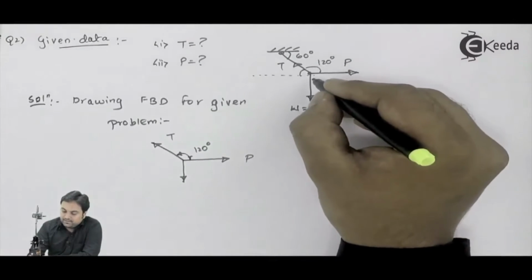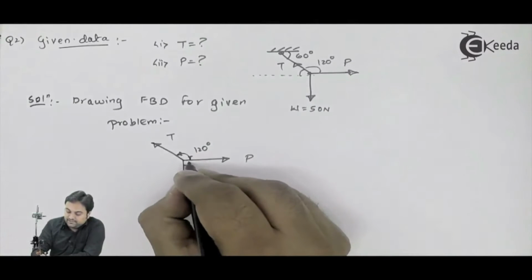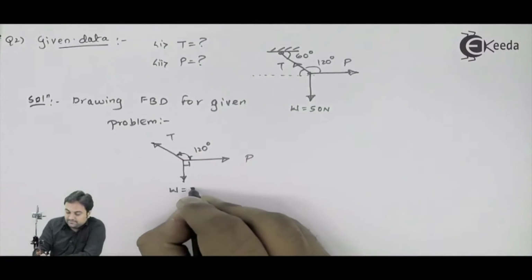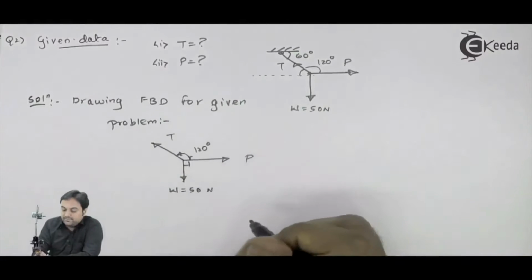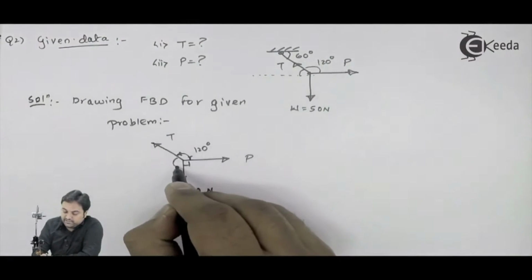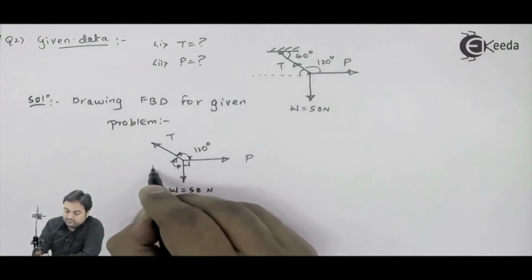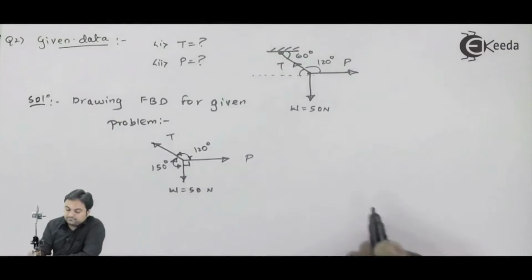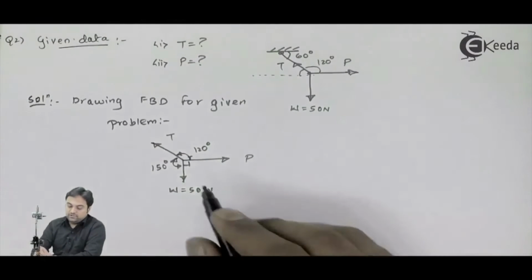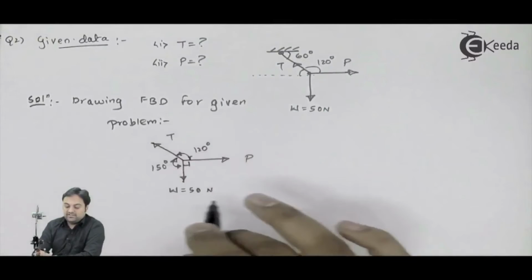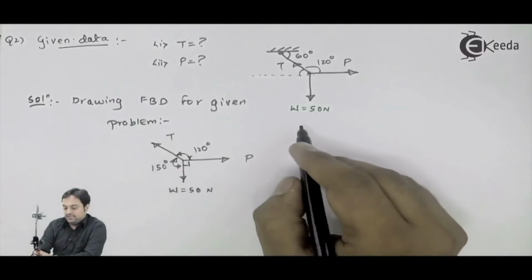Then the remaining angle between T and W, that is 90 degree. If I add both of them, I would be getting it as 210 and this angle would be 150. So since I have all the angles, I have located all the forces, the free body diagram gets completed.